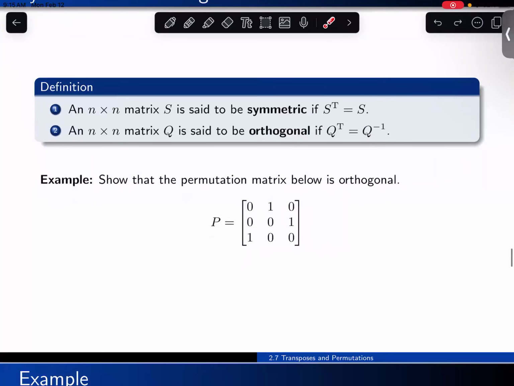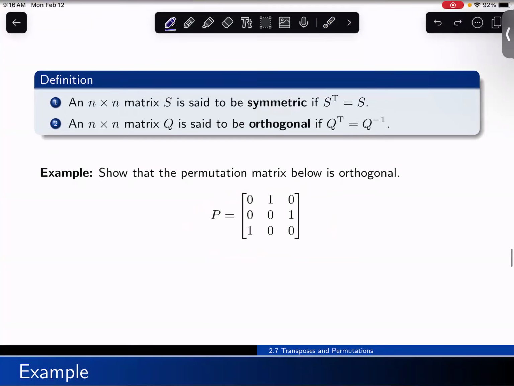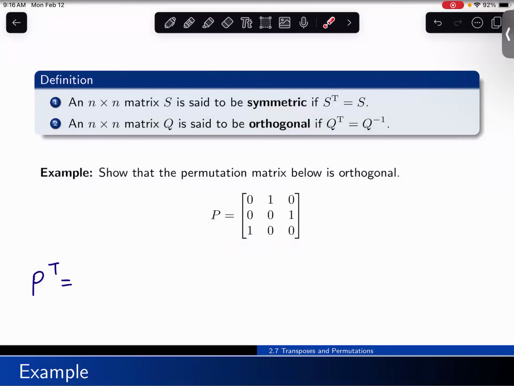For this example, we want to show that the following permutation matrix is orthogonal. How you would determine that is you take the transpose of this matrix, multiply it with P, and see if it gives you the identity back. So the first thing we do is compute the transpose of P. We start off with a 3 by 3 matrix, so the transpose is going to be 3 by 3 as well.